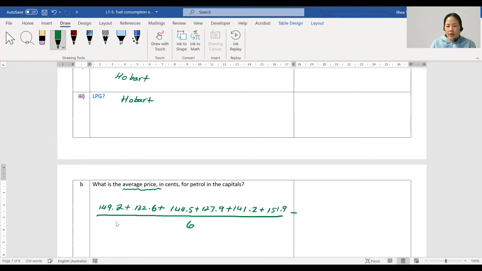And when you do that, divided by 6, you will get 141.2 cents. Because it asked for cents, that's why we didn't convert it into dollars. So it should be all in cents.